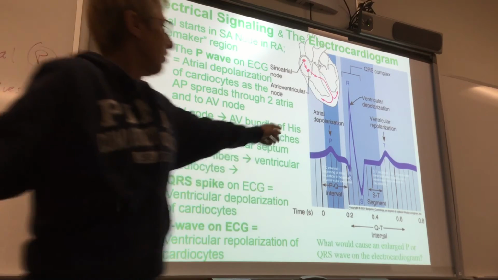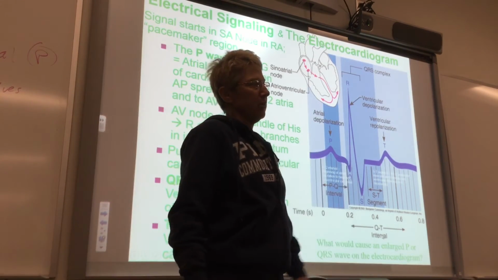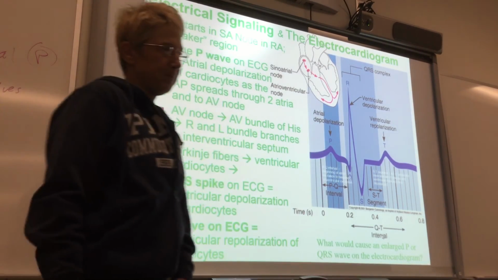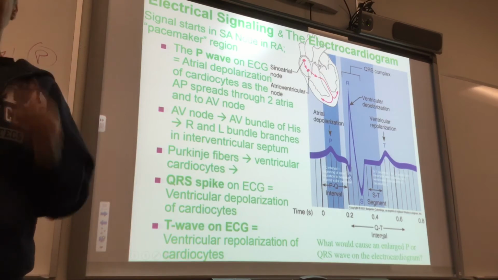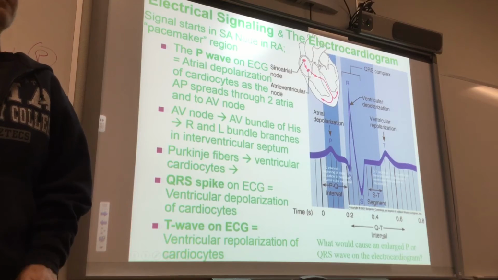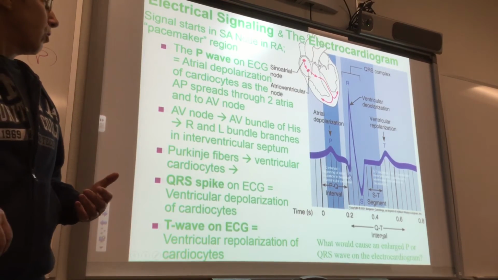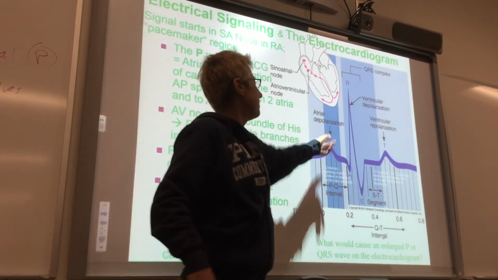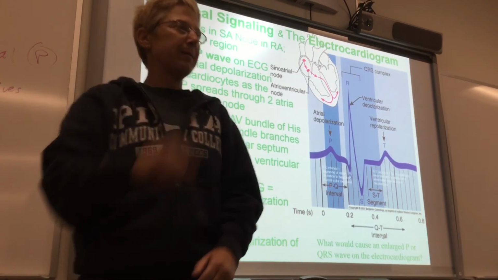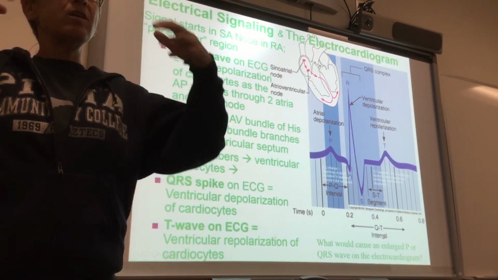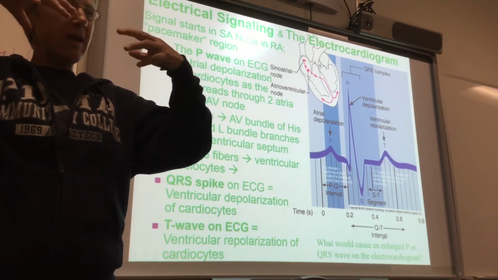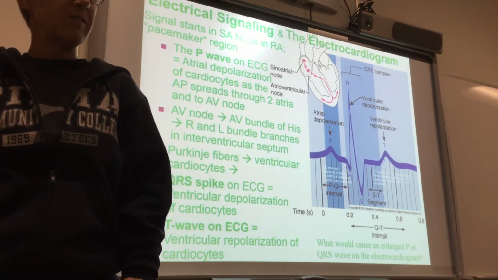What's making this electrical event called atrial depolarization? Let me think of a different way to ask it. What event is happening during atrial depolarization? Sodium's needed. Every single cell in the atria, they're all depolarizing at the same time.